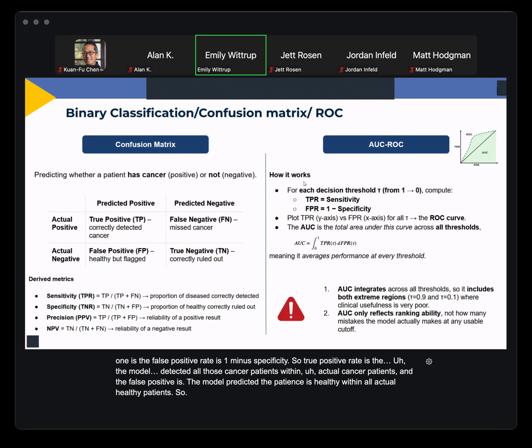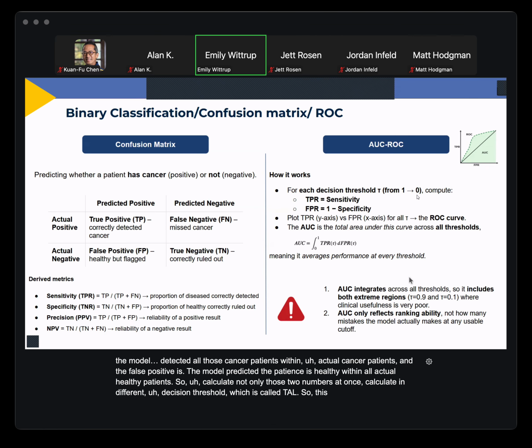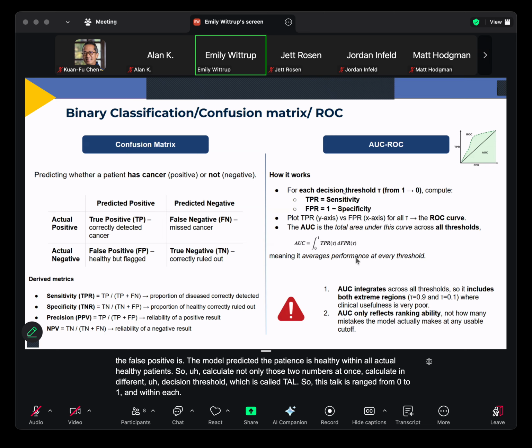So it calculates not just those two numbers once; it calculates them at different decision thresholds, called tau. This tau ranges from 0 to 1, and for each decision threshold it computes the two numbers.